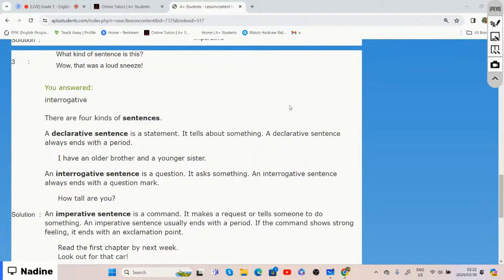Is it a declarative sentence, an interrogative sentence, imperative, or an exclamatory sentence? That sentence ends with an exclamation point.